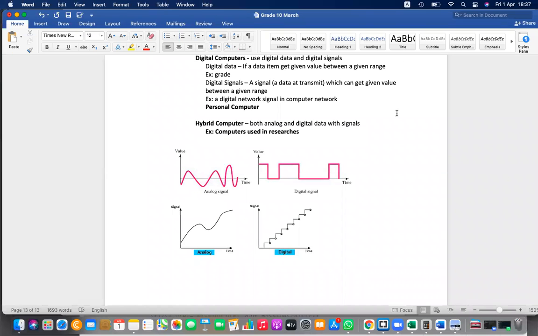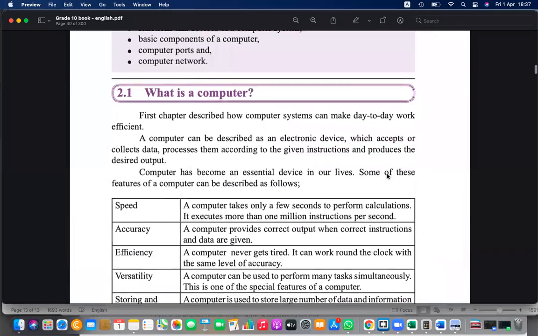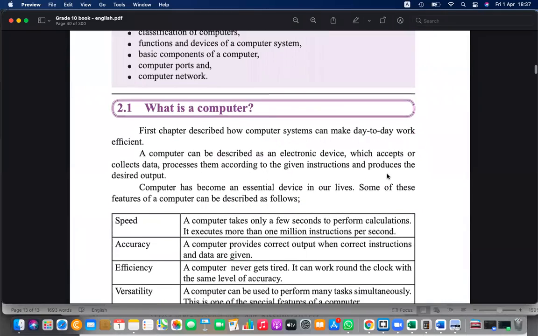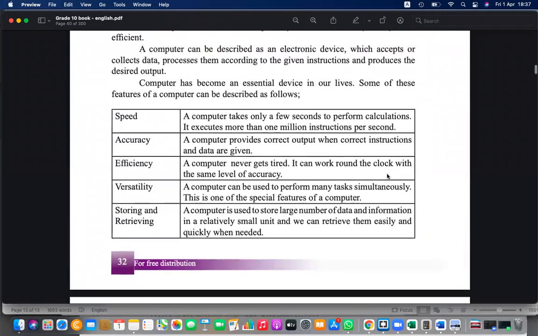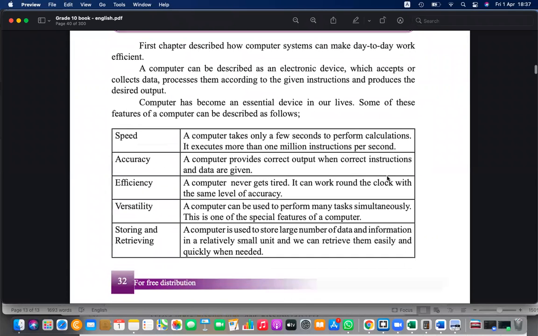Right. What we have learned today is, let's go to the book, how to categorize computers. Basically, I couldn't discuss this: there are some special features of the computer. The speed of the computer we need to discuss, because the speed of the computer is amazing.